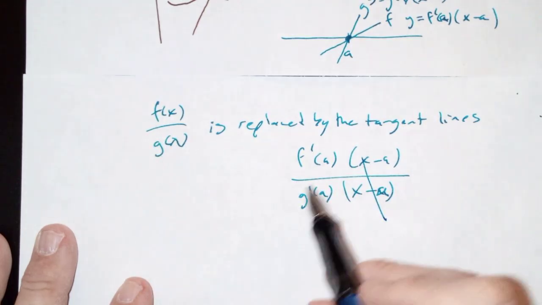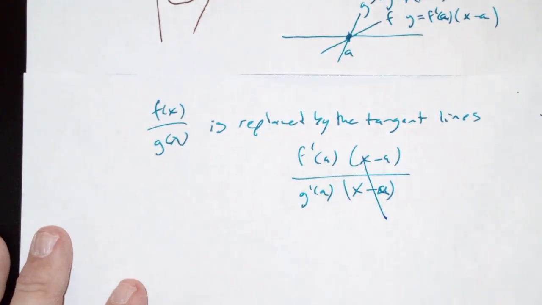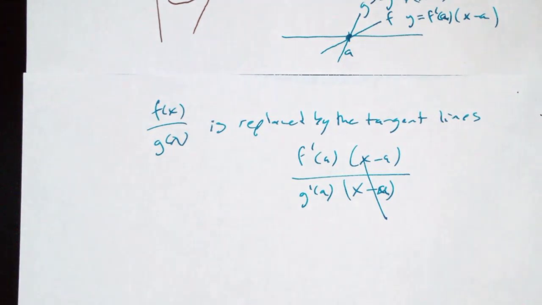Instead of f and g, I can use f prime and g prime. Holy crap, wait a second. If I have 0 over 0, and my functions have derivatives, then instead of looking at the original functions, I can look at the derivatives instead.